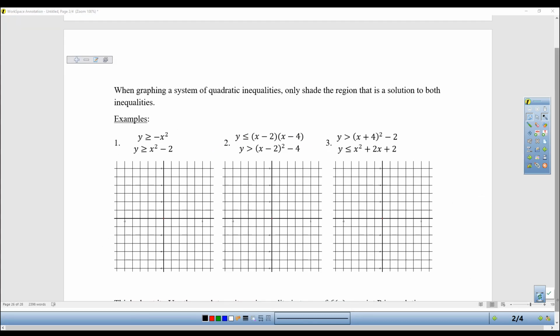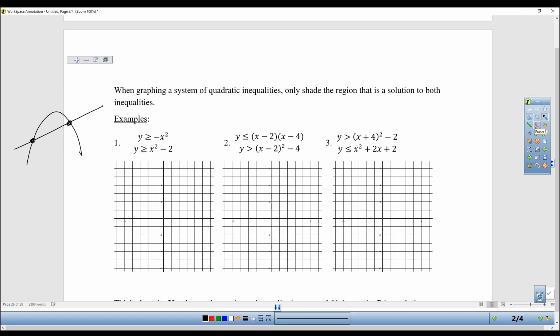Back to graphing. You're not going to escape it. If you don't like graphing, it's going to keep coming up all year long. So we get to practice 6 graphs. And what's going to be interesting about these is we're doing 2 on each one. And a system of equations is normally where something intersects. So this would be the solution to the system of this parabola and this line.